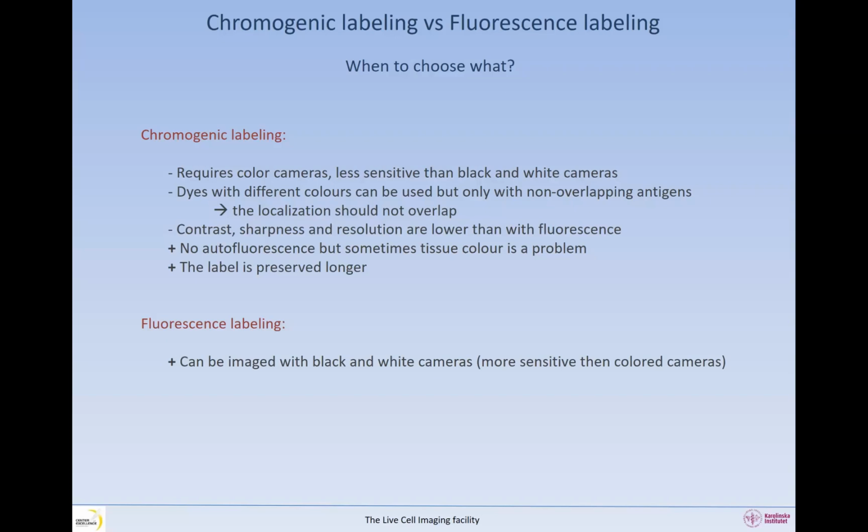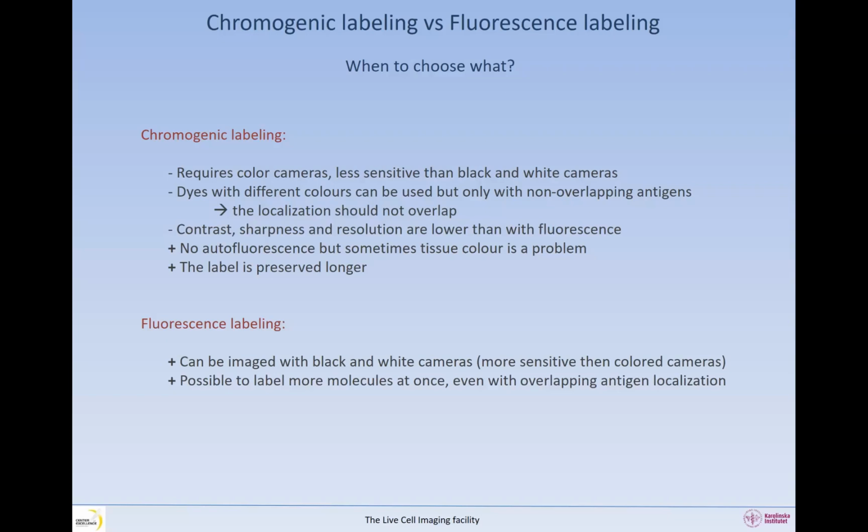It's much better to use black and white cameras, which are more sensitive, and because you are able to label more molecules in the same sample, you will always be able to separate their localization because you label them with different fluorophores and you excite them in different ways.